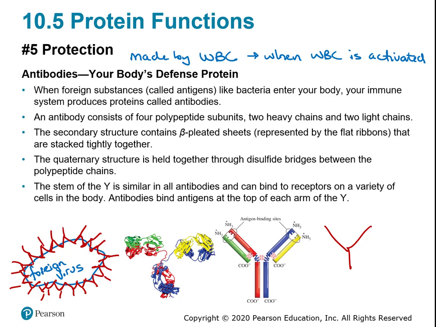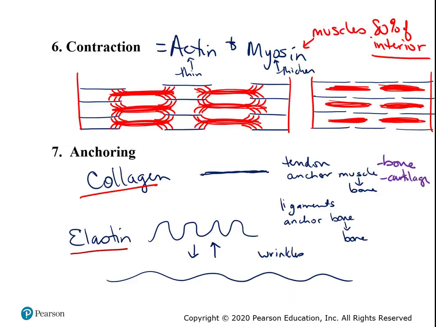That attracts more white blood cells, and it attracts specific white blood cells called macrophages. Macrophages are the ones that look like they go and eat stuff. So they'll swirl around and actually engulf foreign substances and destroy them. So antibodies don't actually destroy foreign things, but they help to mount and stimulate an immune response.